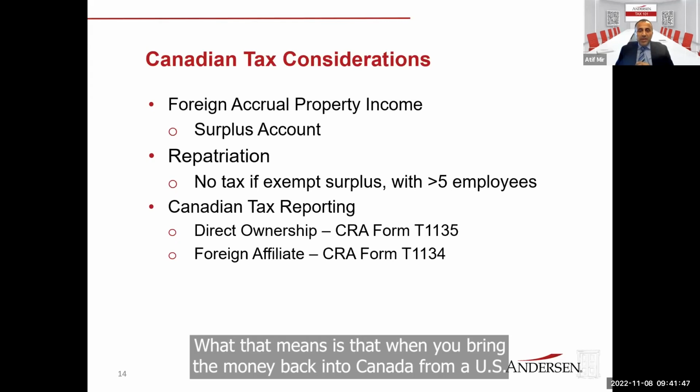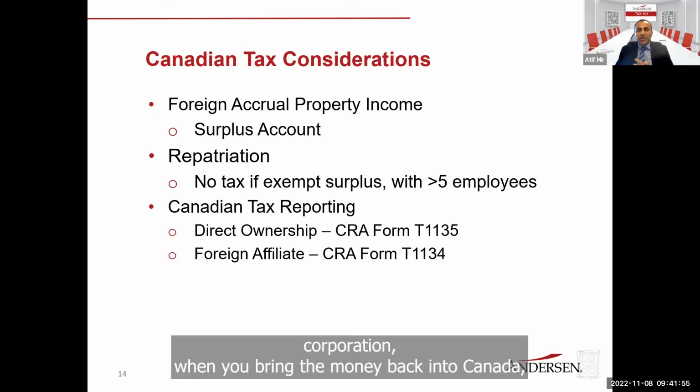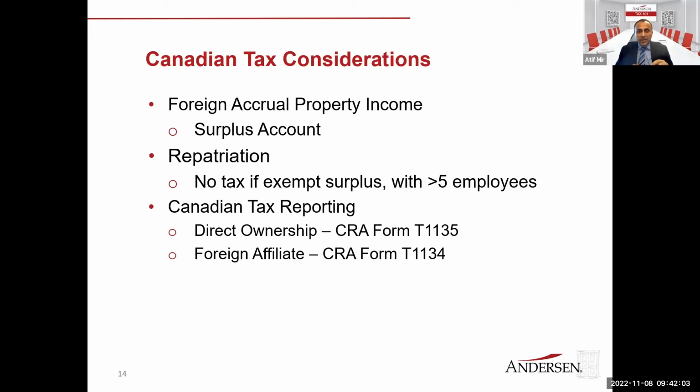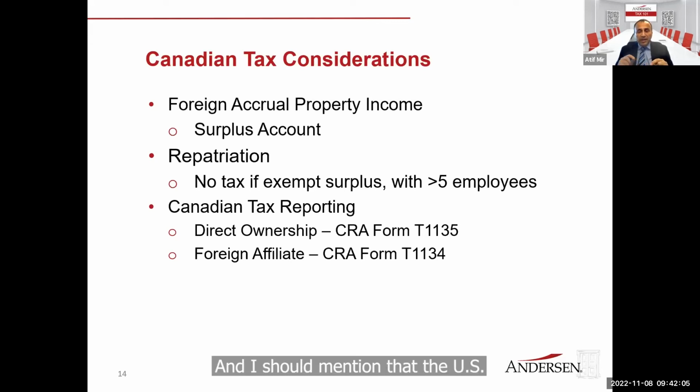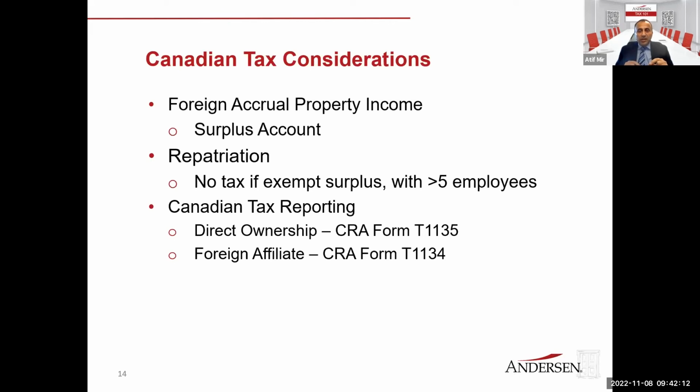What that means is that when you bring the money back into Canada from a US corporation, US LLC or USC corporation, you will include it on the Canadian corporation's tax return. And I should mention that the US corporation should be owned by a Canadian corporation for this exempt surplus to apply.